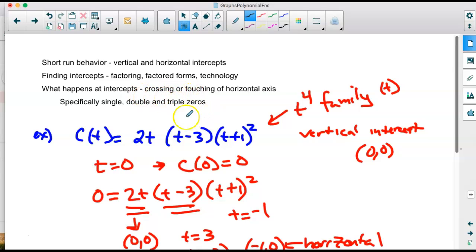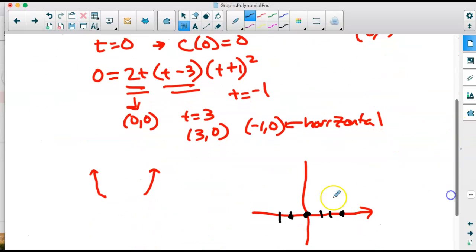So any odd-powered term is going to cross at a 0. But any even-powered one is going to touch. It's going to bounce off. So this power right here, this 0 right here, is actually going to be a touching. So the curve touches here. Okay? So it's going to touch at this point.